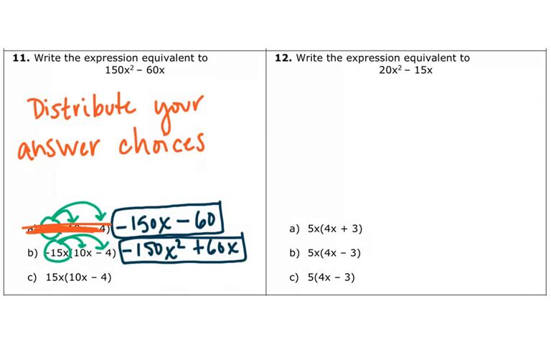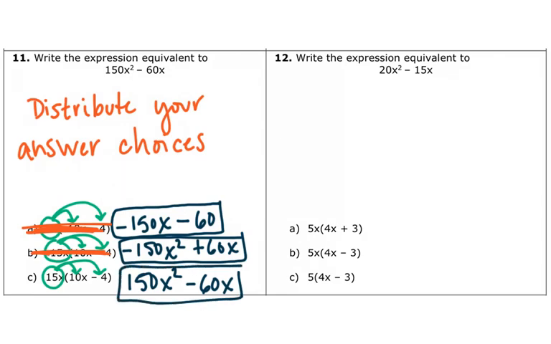Obviously, that also is not the answer. Check the last one. Multiply to both terms. 15 times 10, yep, that's 150 with two x's. 15 times 4, yep, that's minus 60 with an x. This matches this, so the correct answer is C.